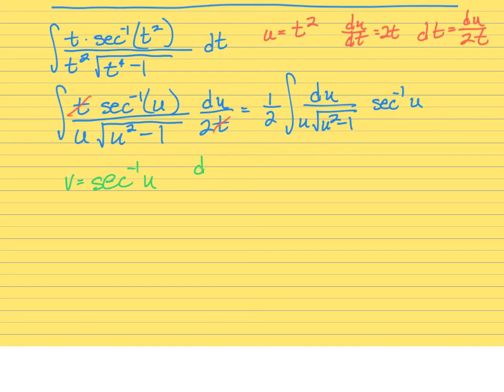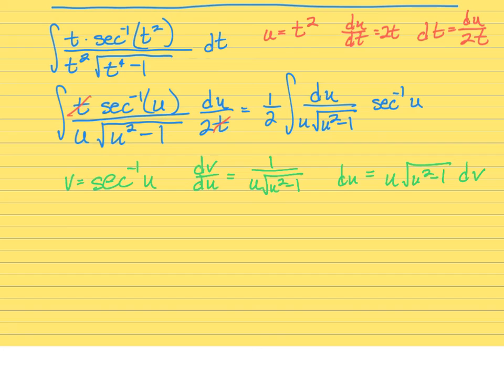That means dv du is equal to this guy, 1 over u square root of u squared minus 1. And so that means that du is equal to u square root of u squared minus 1 dv, right?